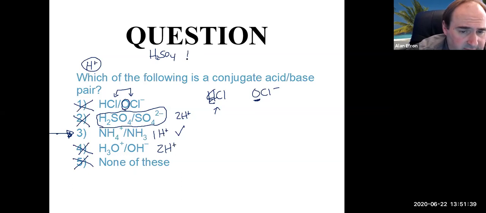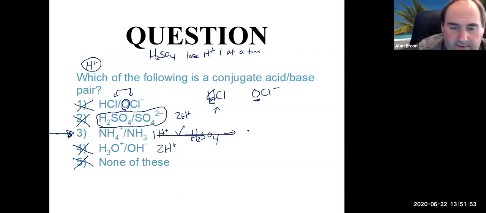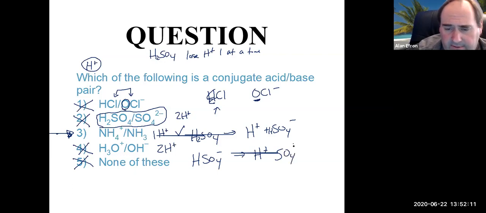So acids will lose hydrogens or H pluses one at a time. So the first thing that will happen is the H2SO4 will lose that H plus and make HSO4 minus. Then what will happen is the HSO4 minus will lose that H plus and make SO4 2 minus.